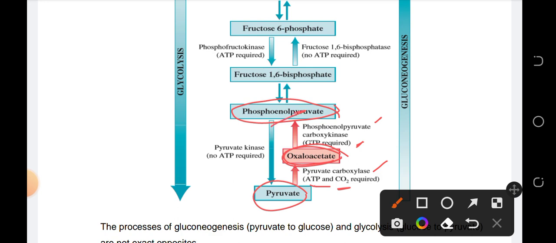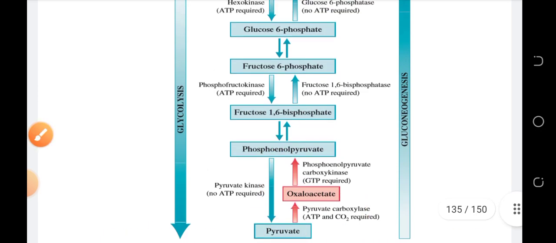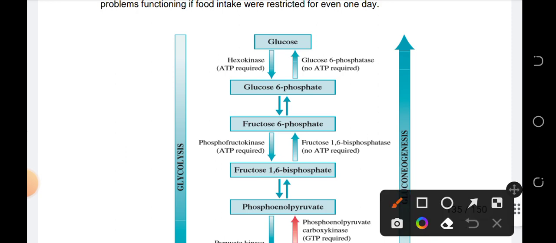So itong step na to ang dahilan kung bakit hindi exact opposite si glycolysis kay gluconeogenesis. Okay, so from that phosphoenol pyruvate, pwede na ulit siyang maging fructose 1,6 bisphosphate, and then it will undergo reactions at magiging fructose 6-phosphate.